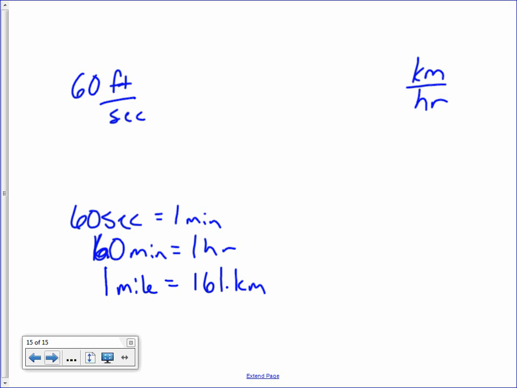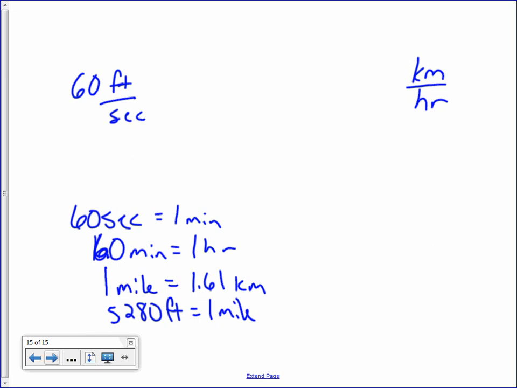That would get you from miles to kilometers, but we also need to know that 5,280 feet is equal to 1 mile.